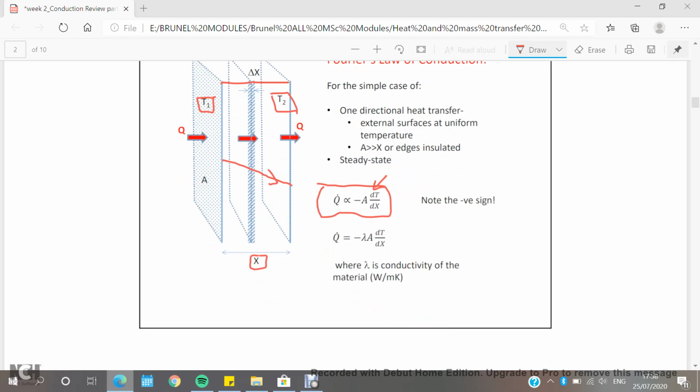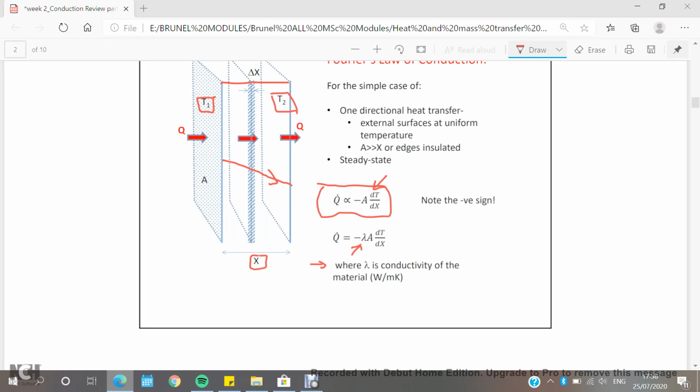However, Mr. Fourier conducted lots of experiments to find the exact equation, the numerical model, to describe this phenomenon, and he found that he can put a constant here, which is called the material thermal conductivity.